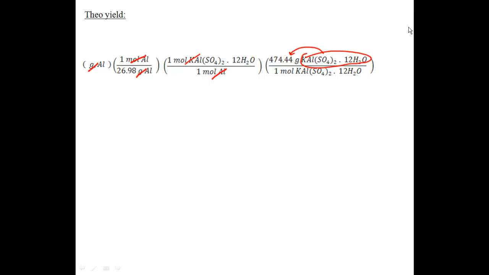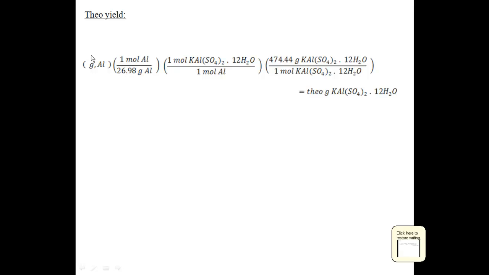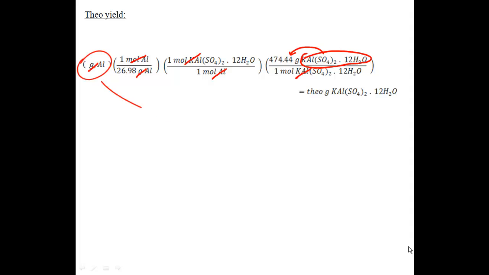So my moles cancel, and I multiply that out and I'll get my mass. That's my theoretical yield. That's what's going to be in the denominator of that percent yield calculation. And all that's going to be dictated by the mass of your starting point, your grams of aluminum, to how much you should get theoretically in the end.